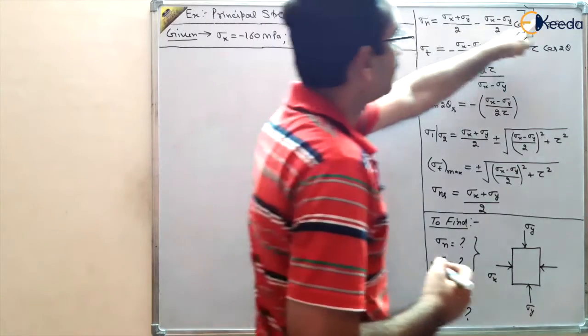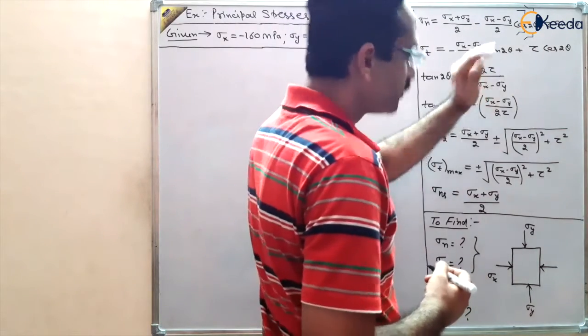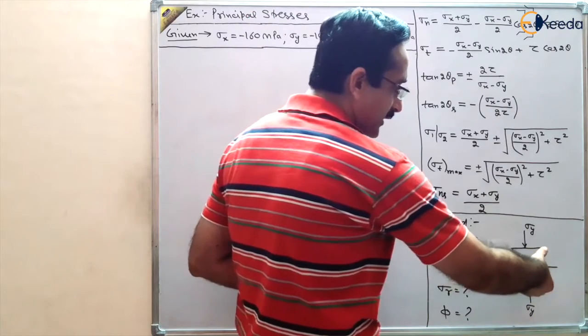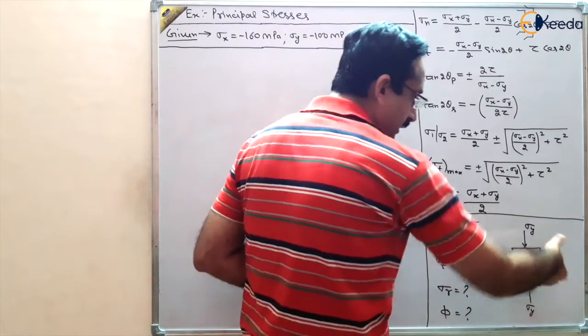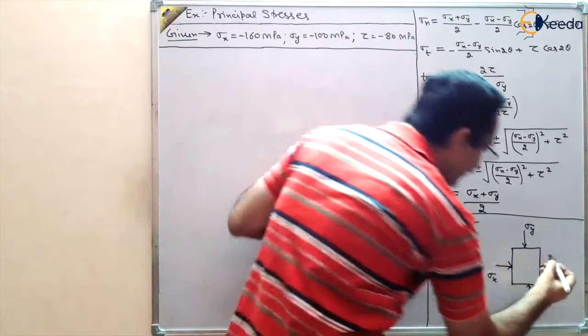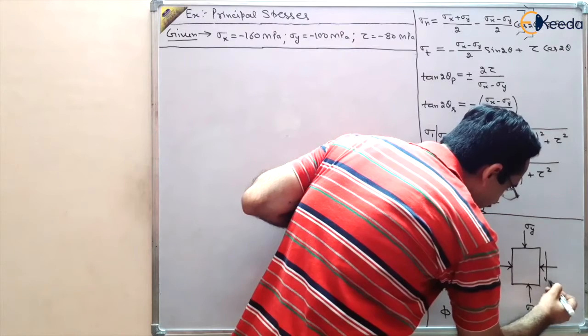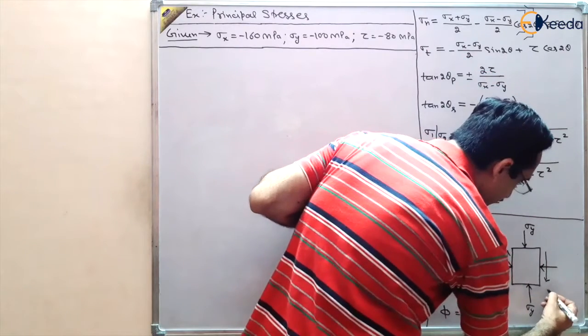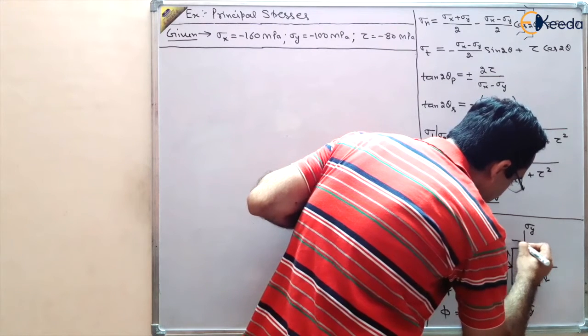When we derived these formulas, we took shear stress as positive when the shear stress is making an anti-clockwise couple at this plane, right? But because we have taken minus 80, we will take the clockwise couple at these faces, and it will become minus. And there will be complementary shear stresses.